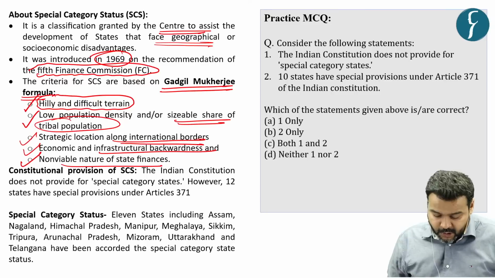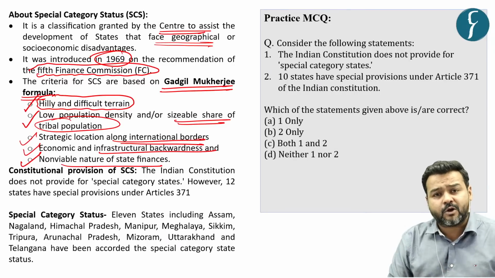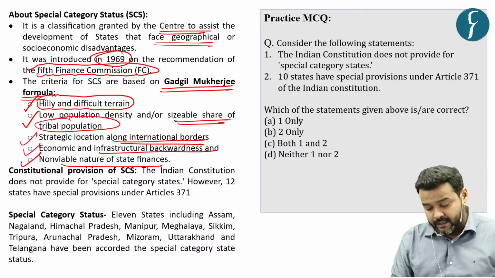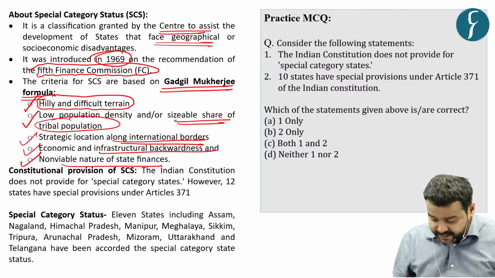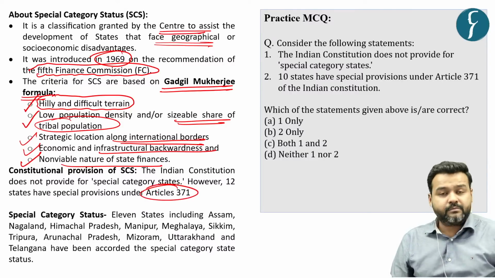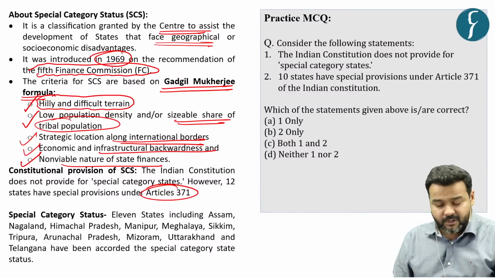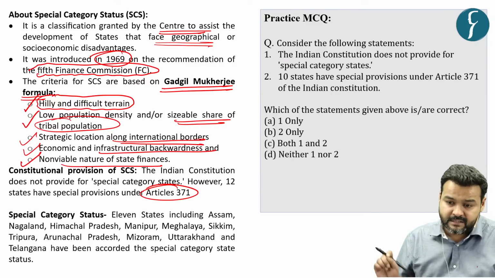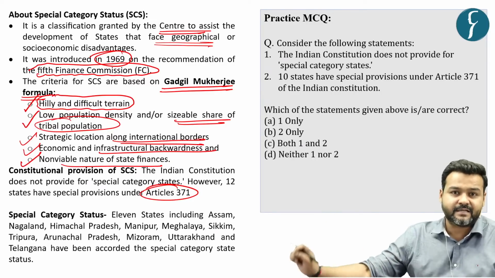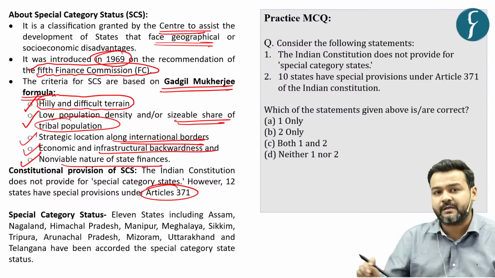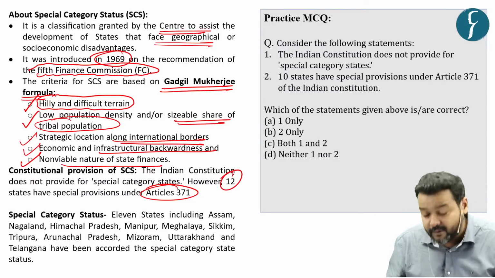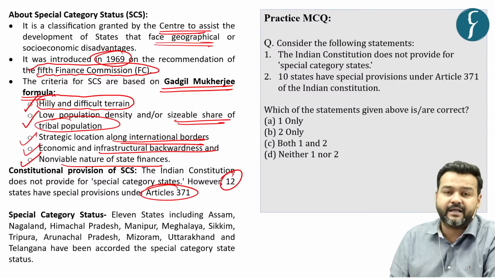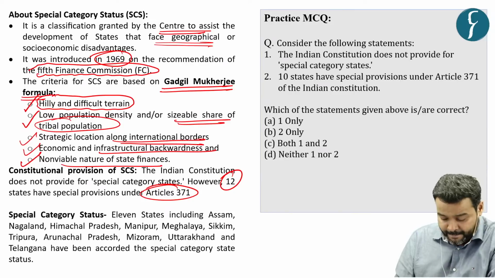Okay, so what are the constitutional provisions? Article 371, various provisions, subclauses of Article 371. Now, the Indian Constitution does not talk about a special category status, but it has some special provisions related to 12 states as mentioned in Article 371.